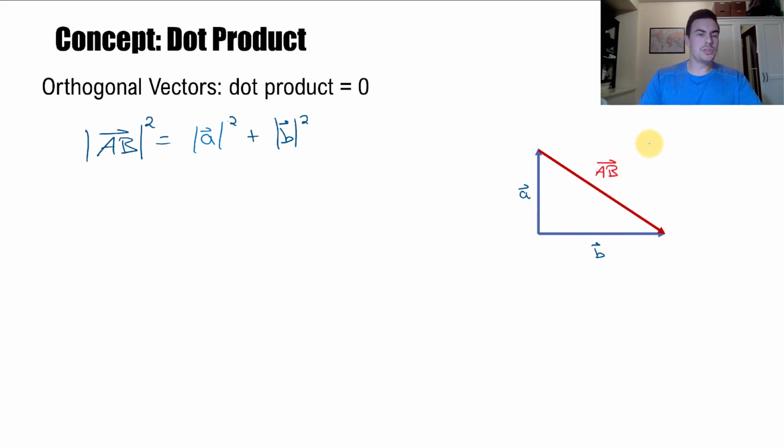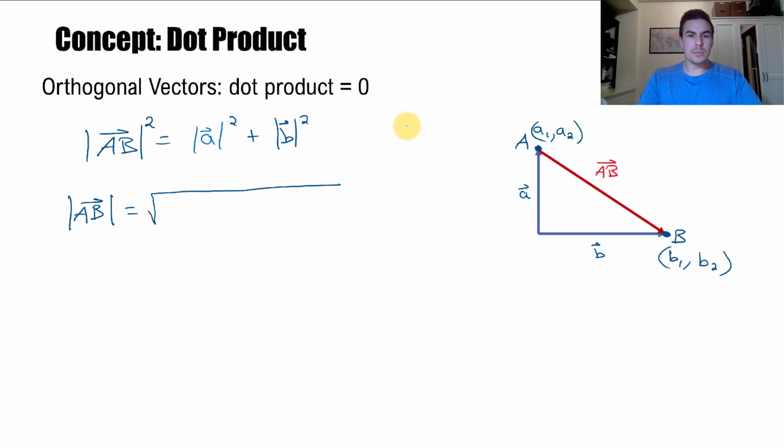Okay, so if I wanted to find just the magnitude of AB, not the magnitude of AB squared, I would take the square root of both sides. But what is the magnitude of A? And what's the magnitude of B? Well, we've seen this before, we just need some coordinates in here.